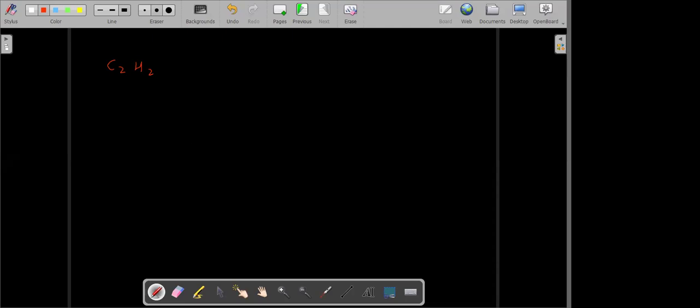There have to be 2 carbon atoms and 2 hydrogen atoms. The 2 carbon atoms form one bond with each of the hydrogen atoms. Now there are 3 electrons left with each of the carbon atoms, so they share them among themselves. So the valency of carbon and hydrogen both are satisfied.